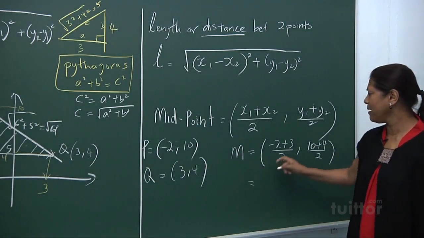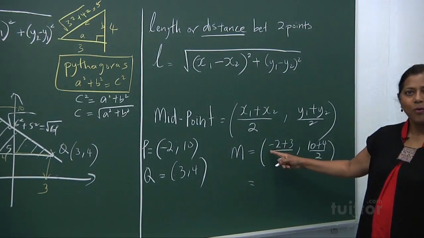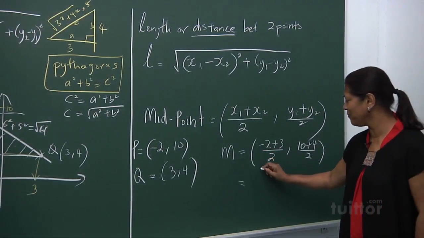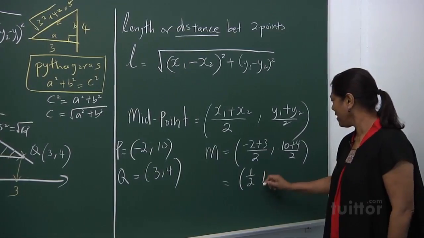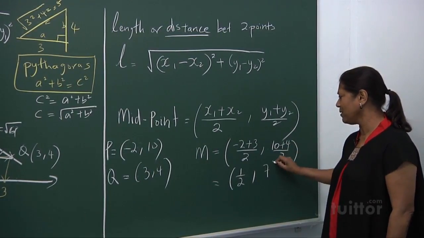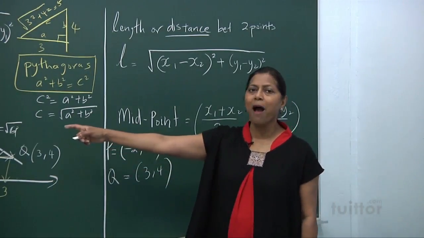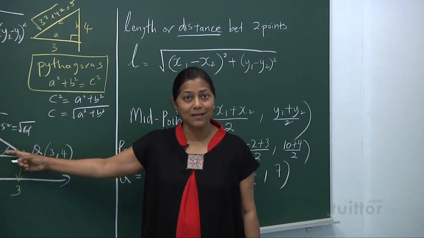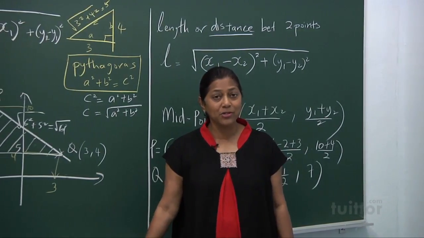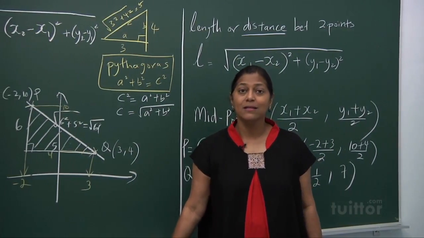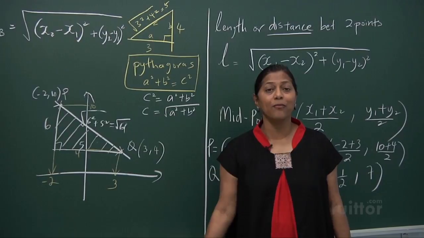So your midpoint will be 1 upon 2, yes, half, and 14 upon 2, 7. So this will be a point that you could mark on your linear graph. There are questions sometimes asking you, determine the midpoint of AB.